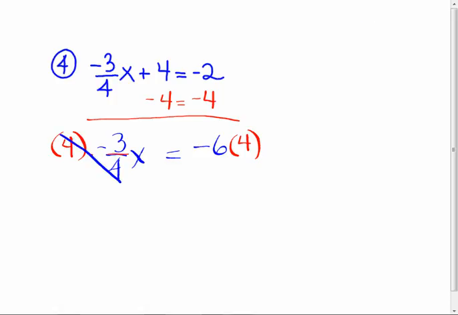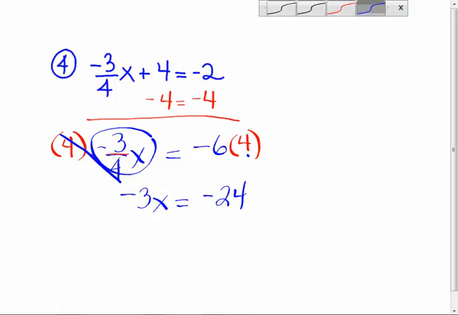What's still left on the left side? Jeff? What's still left over here? A negative 3x. What's a negative 6 times a positive 4? Negative 24. Okay, now I know what to do. What are we going to do next?